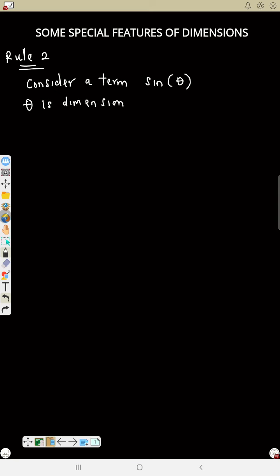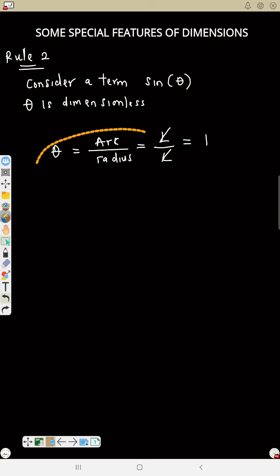Theta is dimensionless because we have already said that theta is arc over radius, and arc is a kind of length, radius is a kind of length, so that means theta is 1. We've done that in video 1 of dimension. You can check that again. So that means theta is dimensionless.